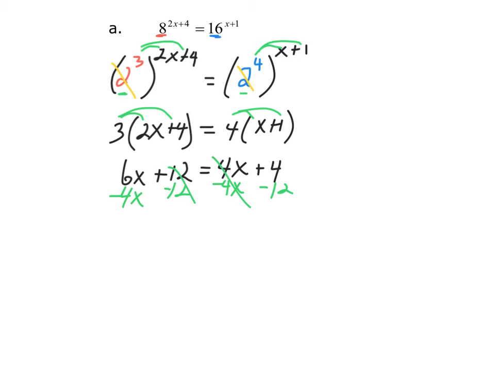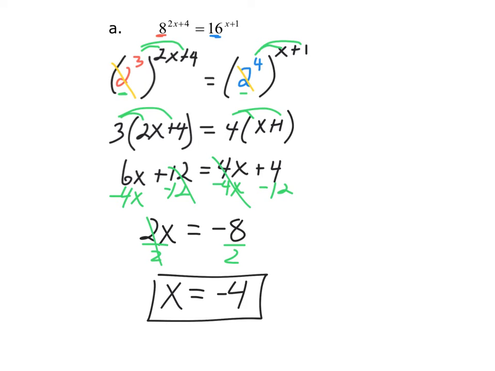The 6x minus the 4x is 2x equals, and on the right-hand side, positive 4 minus 12, which is negative 8. One quick step to divide out that 2, the coefficient of x, and negative 8 divided by 2 is negative 4. And there it is.